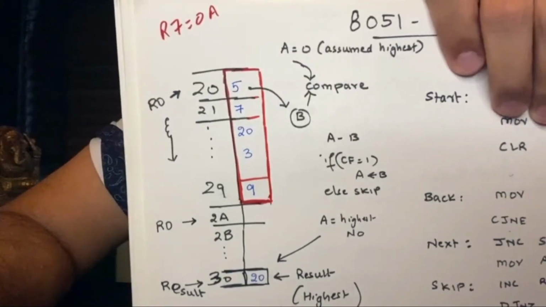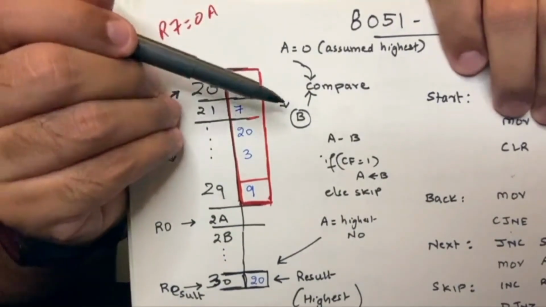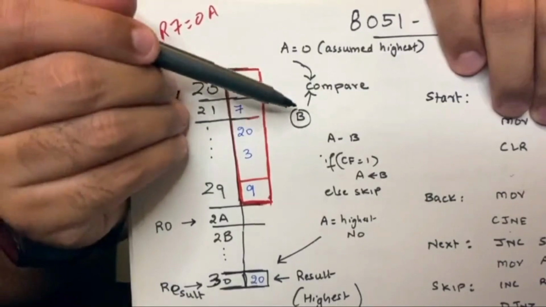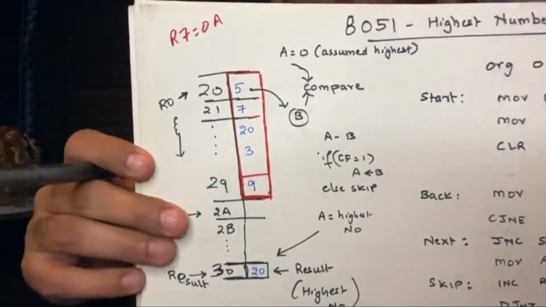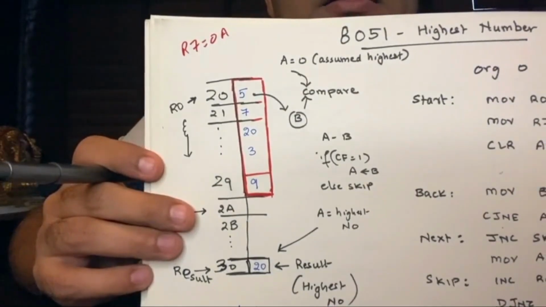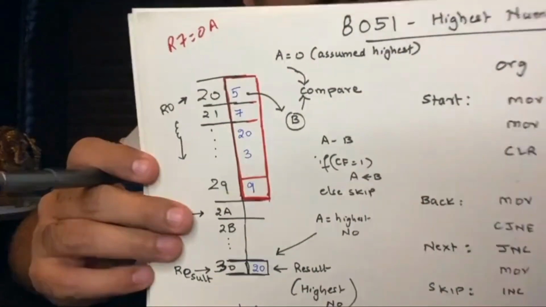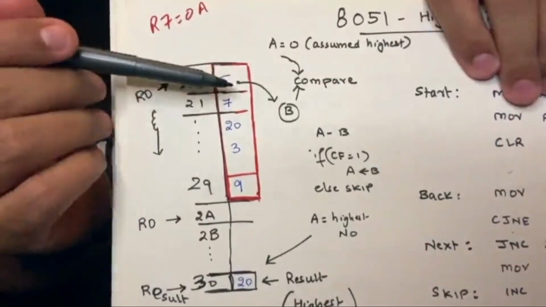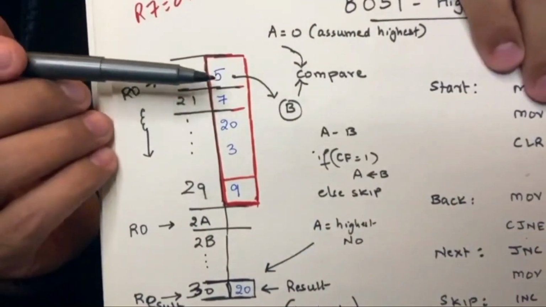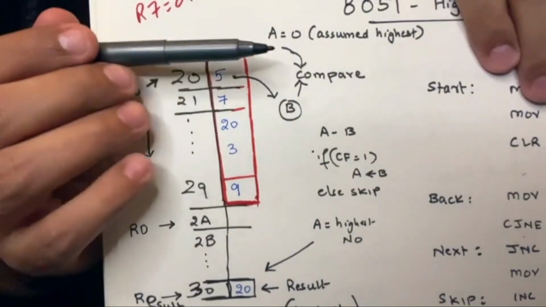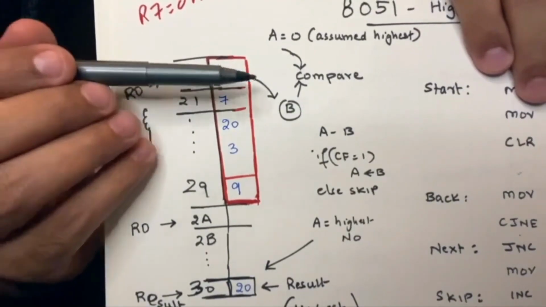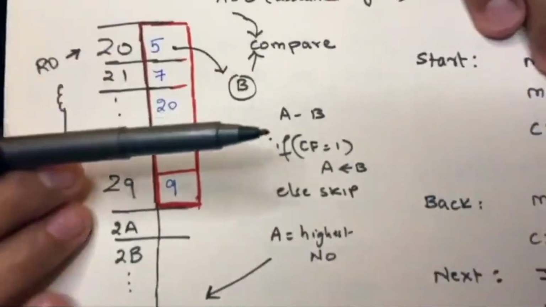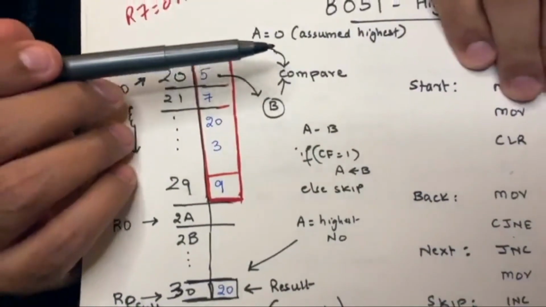If the number pointed to by R0 is greater than A, it means we got a new higher number. We'll compare A with every number over here. Every time we get a number which is bigger than A, that means it is a new highest number so far. We will copy it. Compare means we are going to do subtraction.